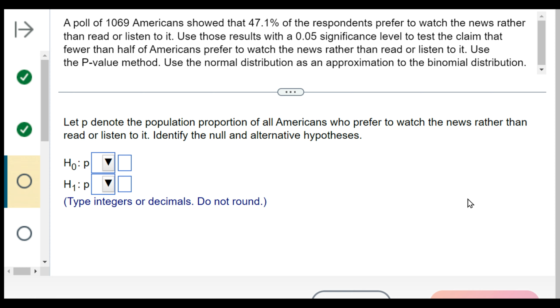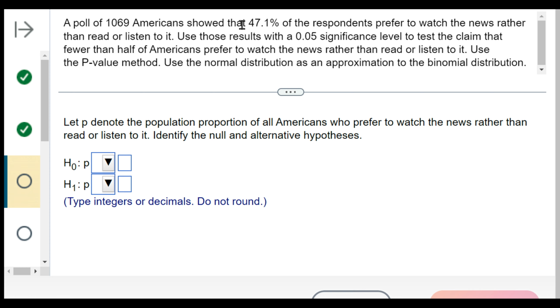Question number 3. We have a poll of Americans. There's 1,069 of them, and it showed that 47.1% of those Americans preferred to watch the news rather than read or listen to it. Okay. Super.